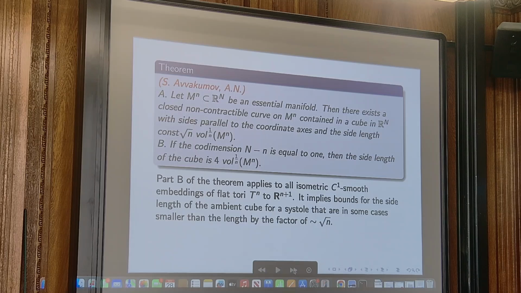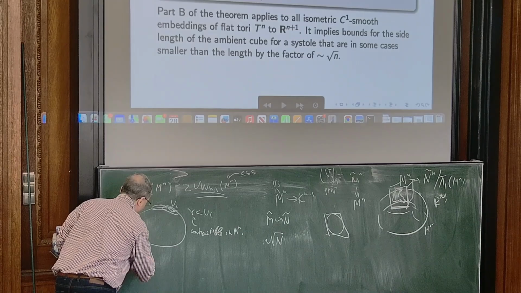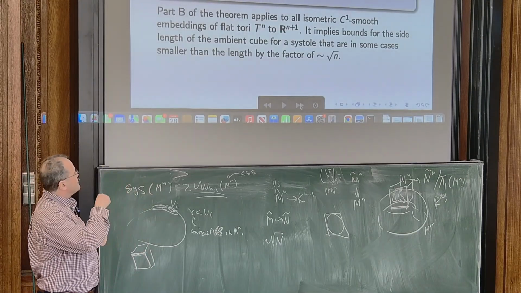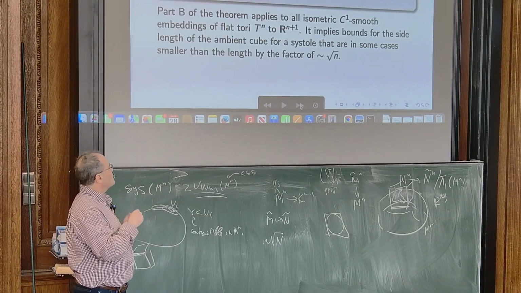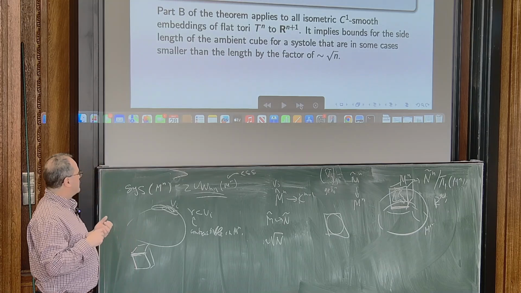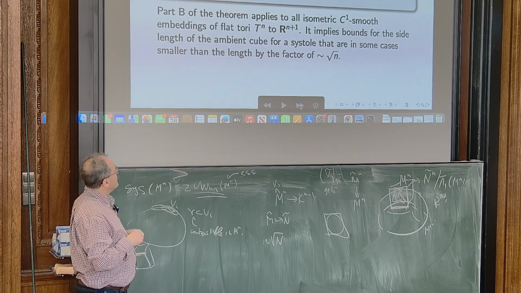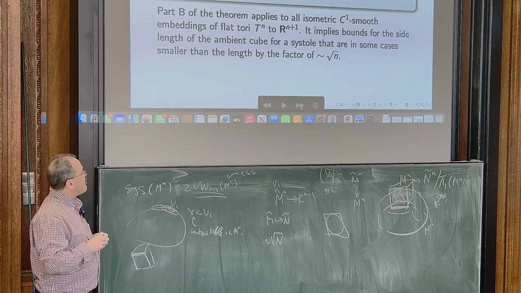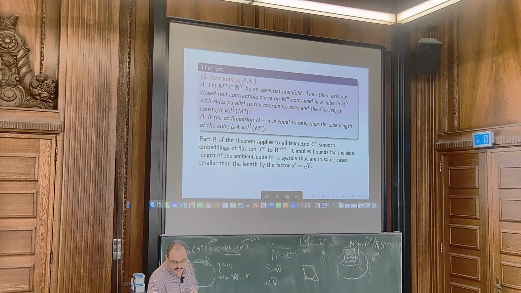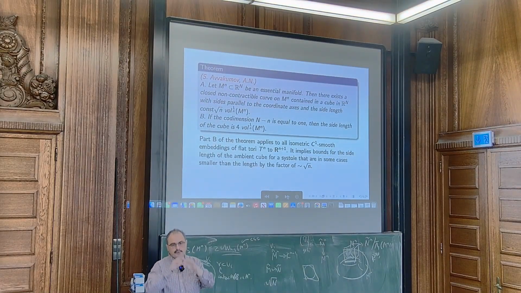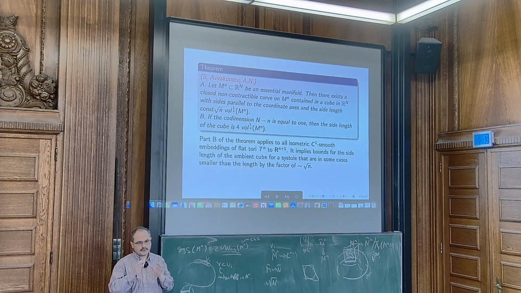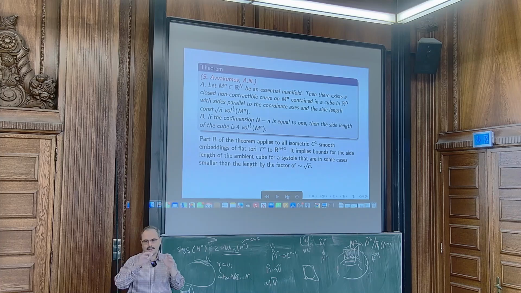And now we see that part B of this theorem will provide the bound for the side length of the cube, which will be like square root of n better than the length of the curve. So it might look strange at first glance, but if you ever saw all those pictures of tori embedded into Rn plus 1 using the Nash-Kuiper theorem, they all look very, very crumpled.